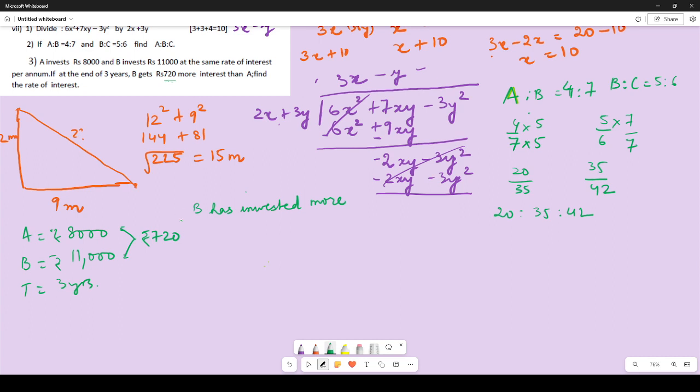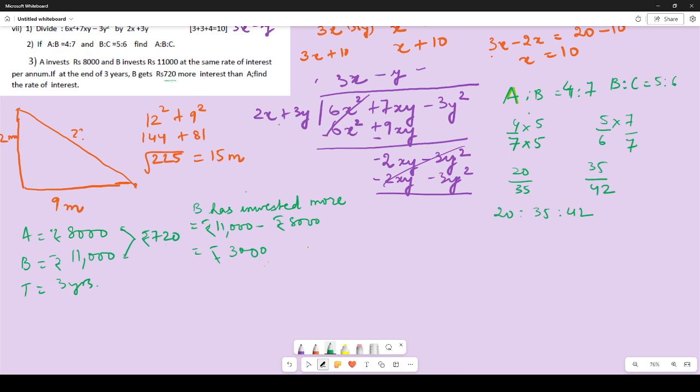How much did he invest more? 11,000 minus rupees 8,000. That makes it rupees 3,000. So B has invested 3,000 more. That is why on 3,000 rupees he is getting 720 rupees as interest.